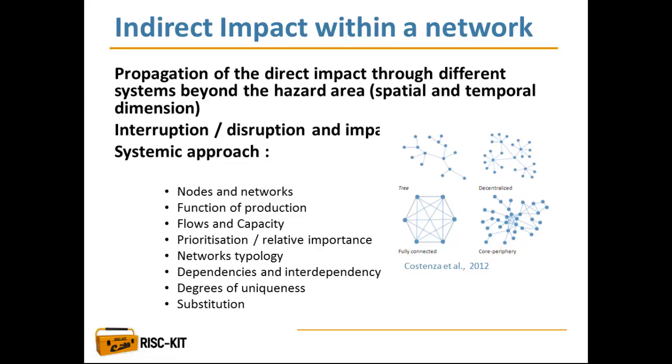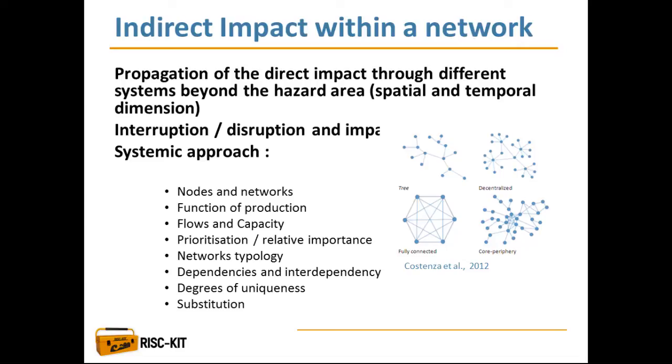What we are trying to assess here is the propagation of the direct impact through the system beyond the hazard area, in order to assess the potential interruption and disruption of services through the whole network. To do that, we have to take a systemic approach.